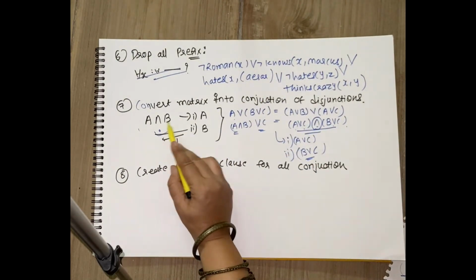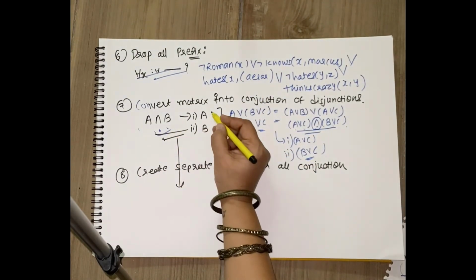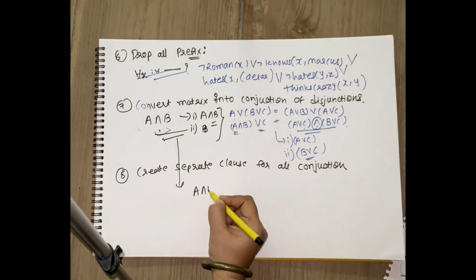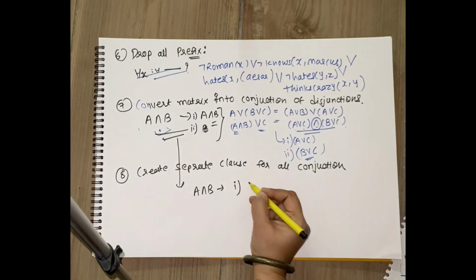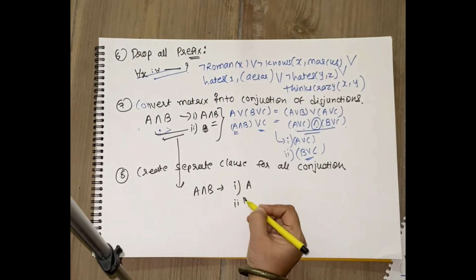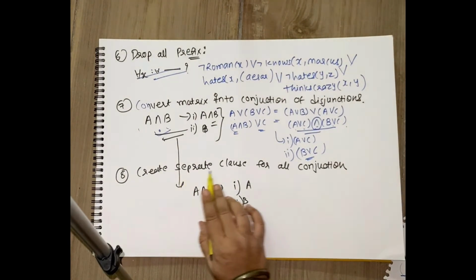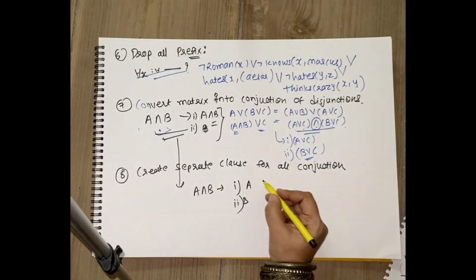So if you have A and B, it will work fine as A and B, and in the 8th step, A and B will be converted into separated clauses. So what it said is, separate clauses for conjunction should be created.